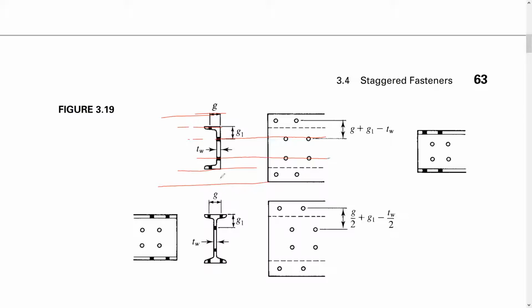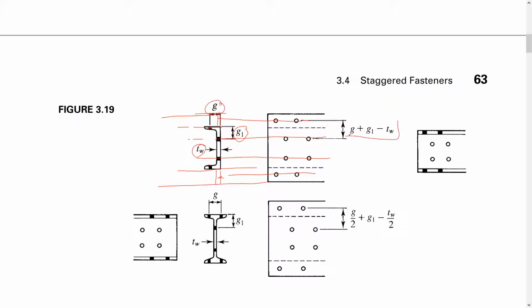If we fold this way and fold it this way, we have one line here, and another line here. So the gauge here is going to be G1 plus G minus the thickness of the web.